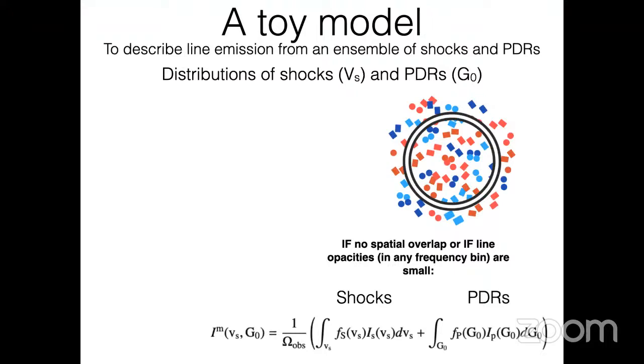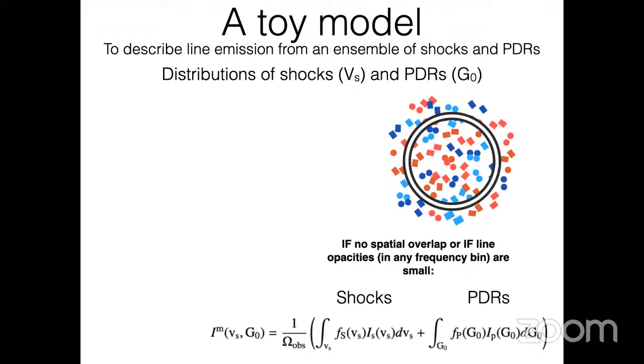And basically what we say very simply, and I'm not going to enter into much detail, is that our model emission for a given line intensity is a function of the shock velocity and the radiation field.